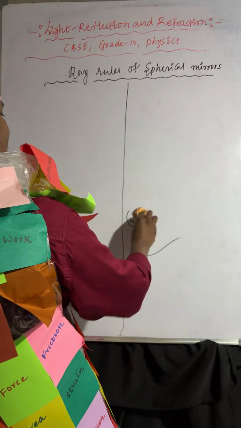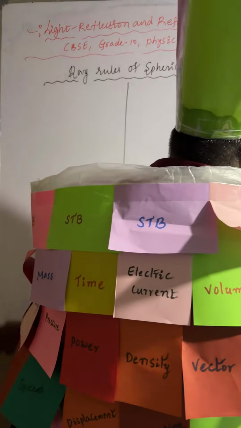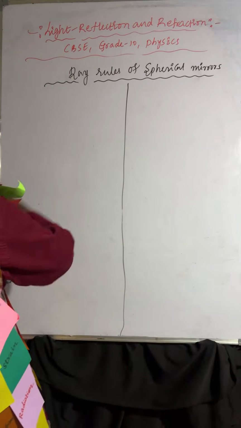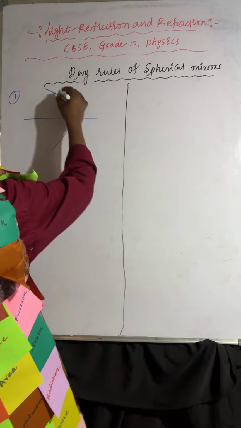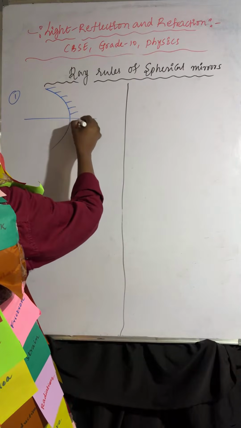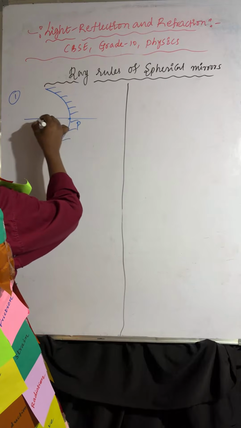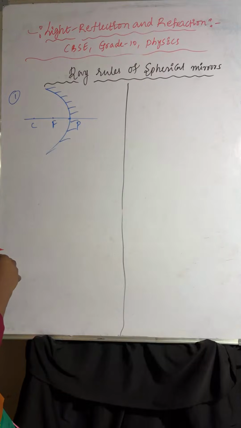Now, concave mirror and convex mirror. For the concave mirror, take the pole, focus, and center of curvature.